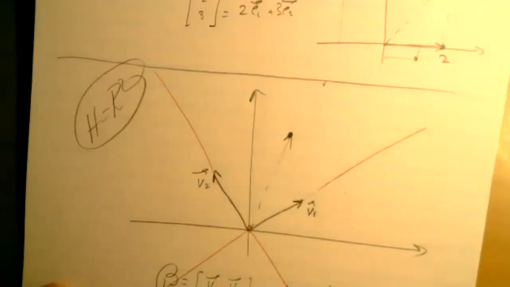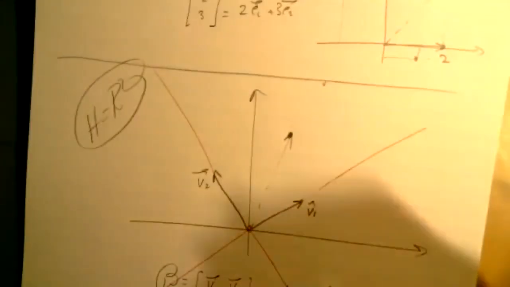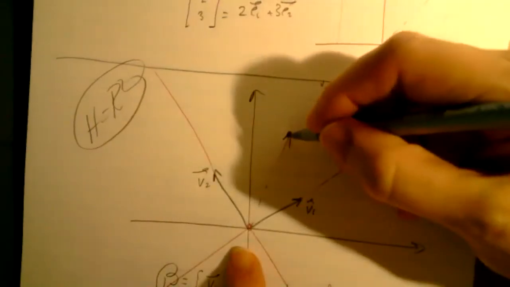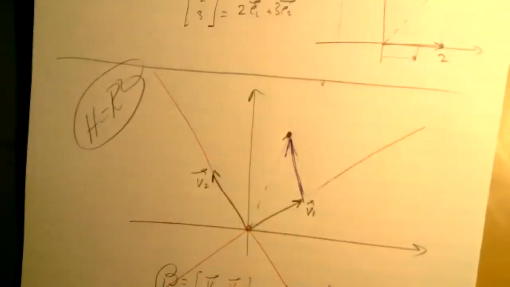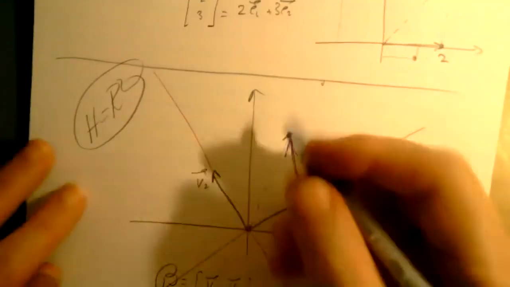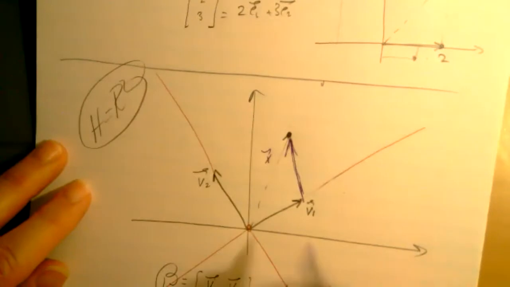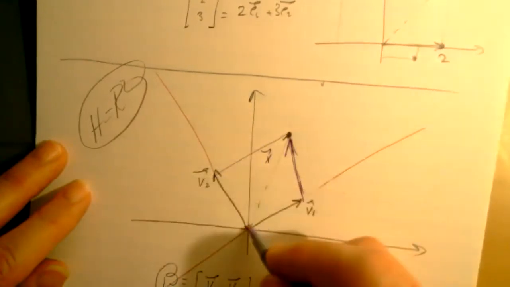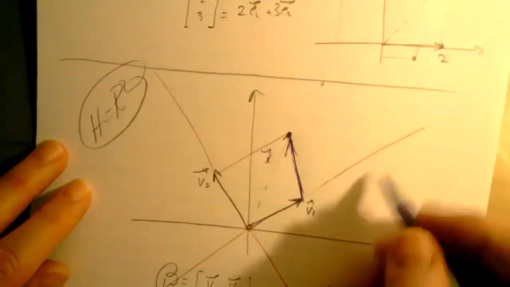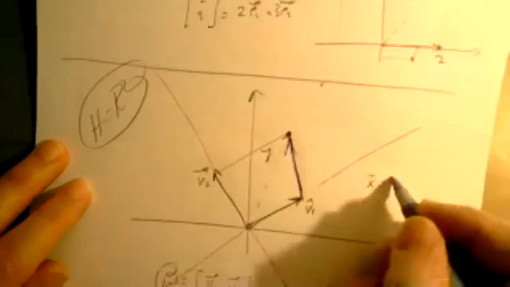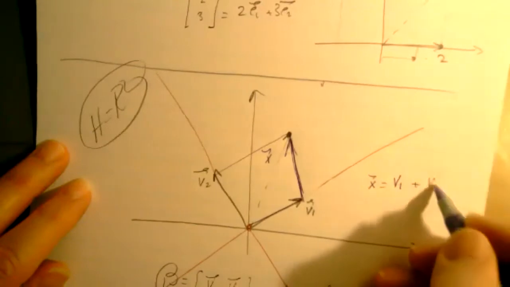According to my picture, this vector X, I wrote it as V1 plus V2.